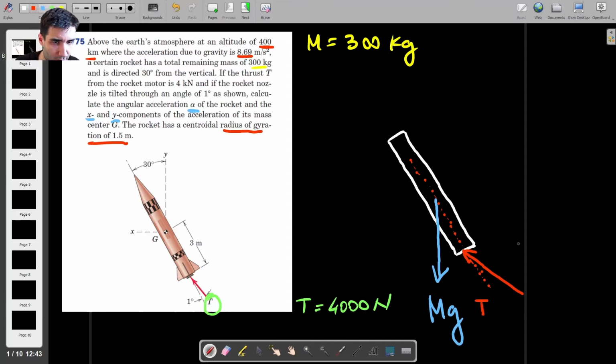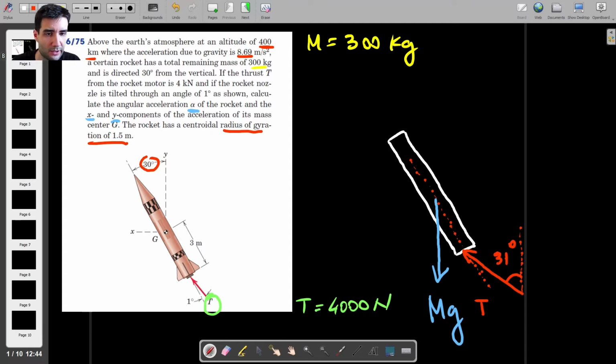And then if you use a bit of geometry, you should notice that this angle here is actually 31 degrees. And when we do the calculations, it's not going to make too big of a difference compared to if it was 30 degrees, but that's the correct value of the angle. It's 31 degrees. So it's this 30 degrees here, and then it's tilted 1 degree more, so we add those two together.